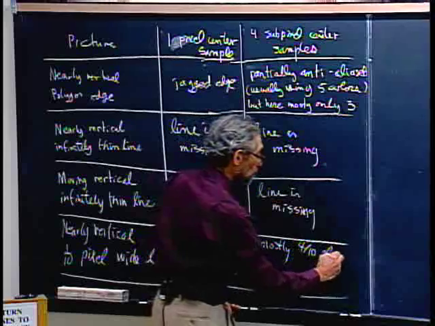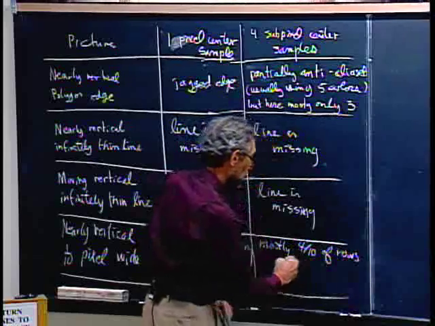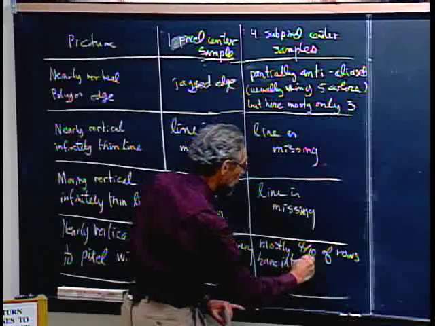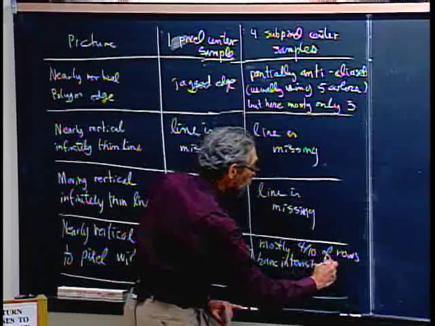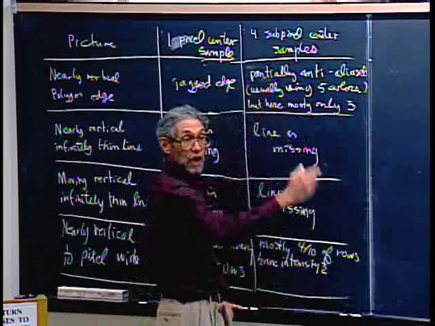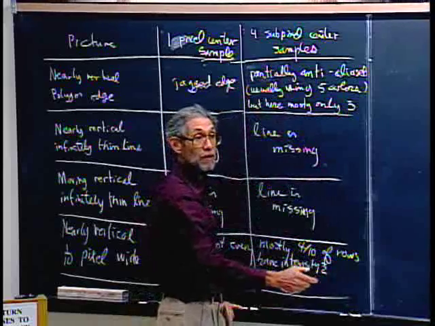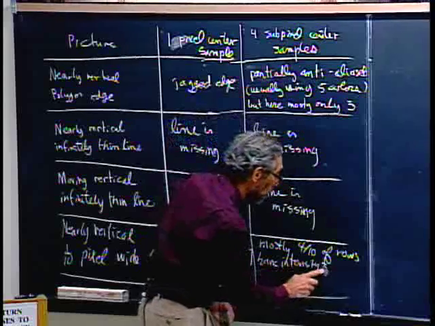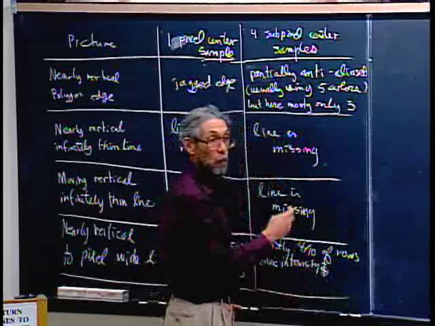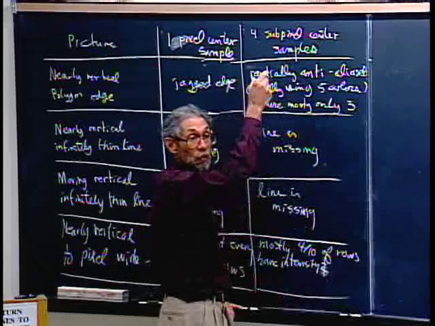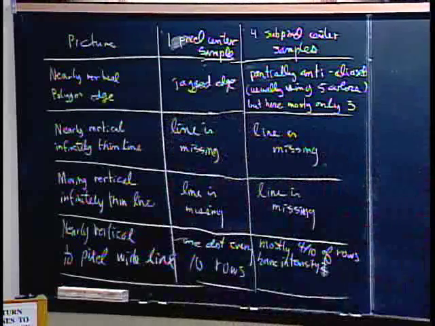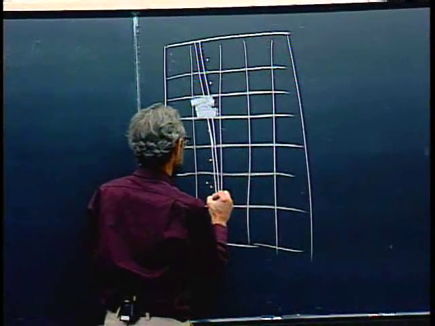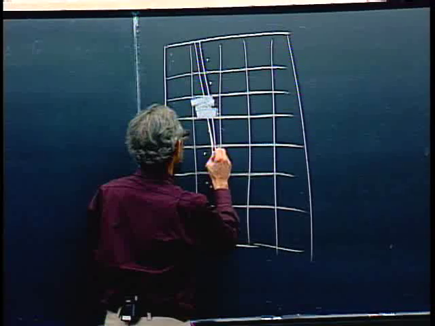4/10 of rows have intensity 1/2, but occasionally, if it's lucky, some of the rows might have an intensity of a quarter, right? Because one of those 4. But again, if that 1/10 strip is lucky, where is it? Maybe it's this one.